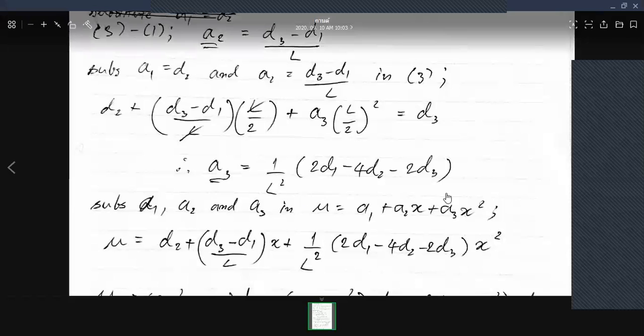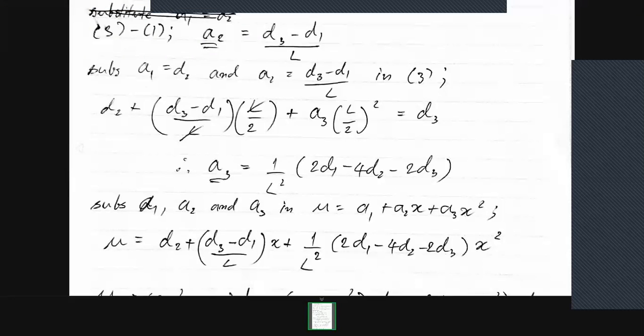We manipulate that equation and finally can find A3. At this point, we know A1, A2, and A3.